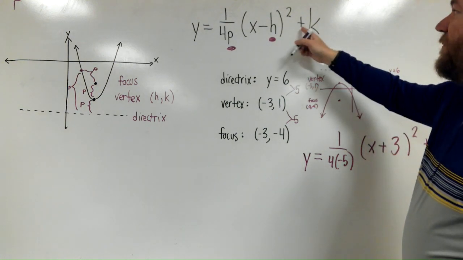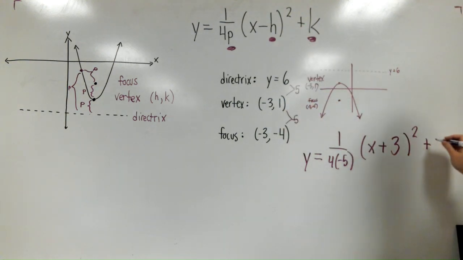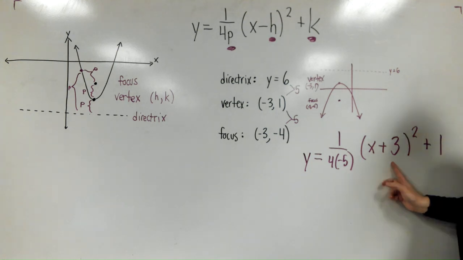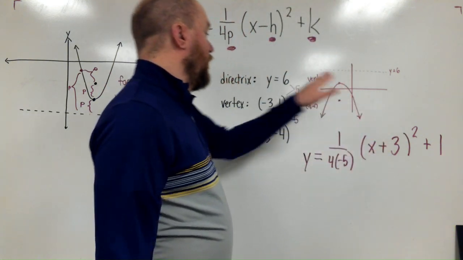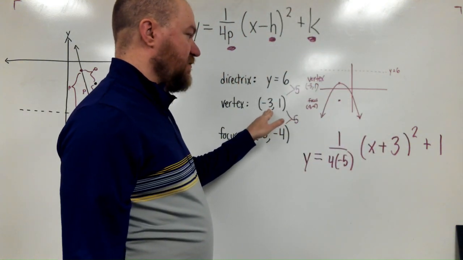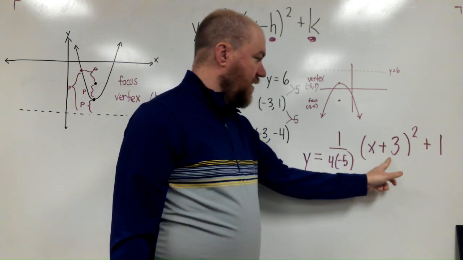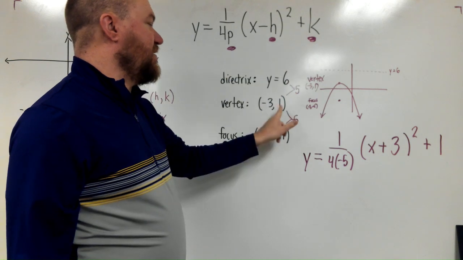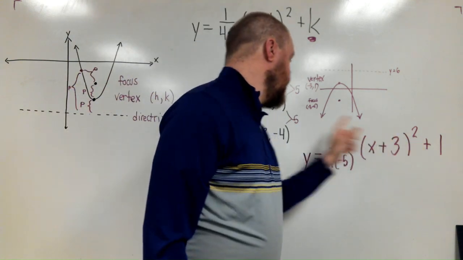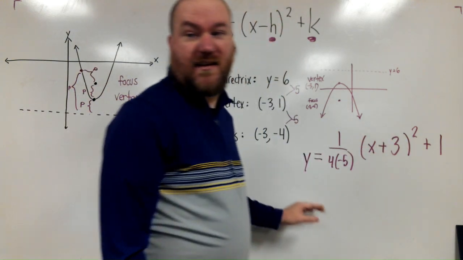And this one should be a plus, and it is a plus, so we don't have to change anything there. So the number in the parentheses is always the opposite of whatever the number of the vertex's x was. So if this is negative, the number in the parentheses should be positive. And the number at the end is always exactly the value that we need. So this was positive, that stays positive.